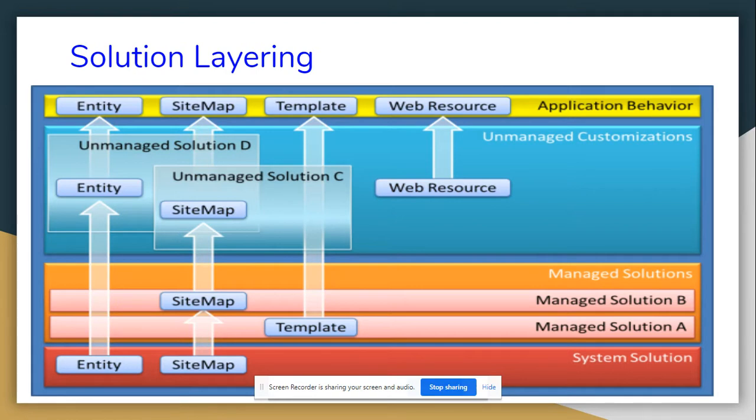And if we move to managed solution, I already said that system solutions we can't edit directly. A managed solution is nothing but a set of components. We implement or create an application process and wrap it completely so that no one can touch it, edit it, or do any manipulation on it.